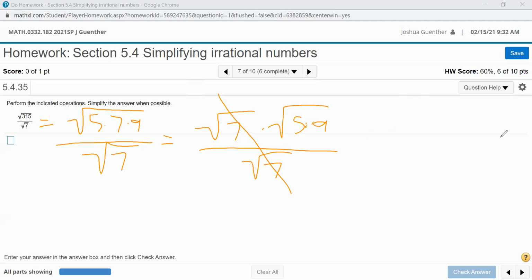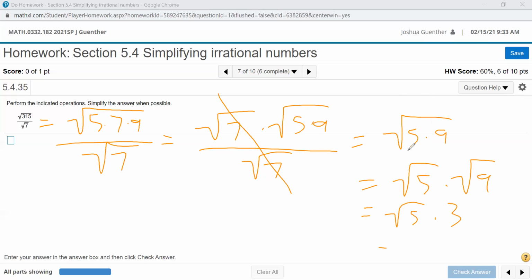Because the 63, remember we did this. Yeah, let's just do it a different way. We could have branched off the 5 times 9, so we're just left with square root of 5 times 9. We could branch this off. I completely brain whiffed on that because the square root of 9 is 3.